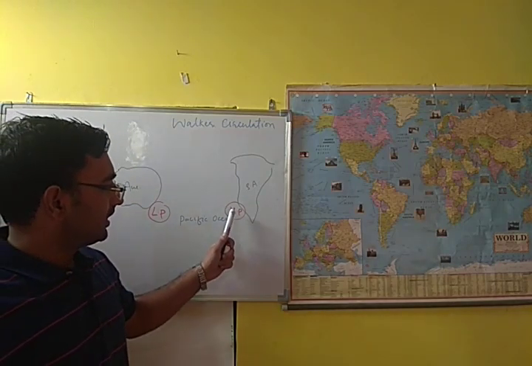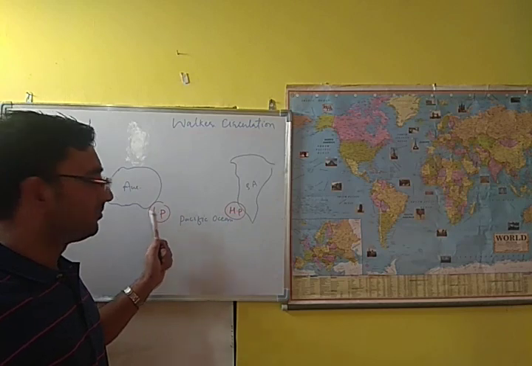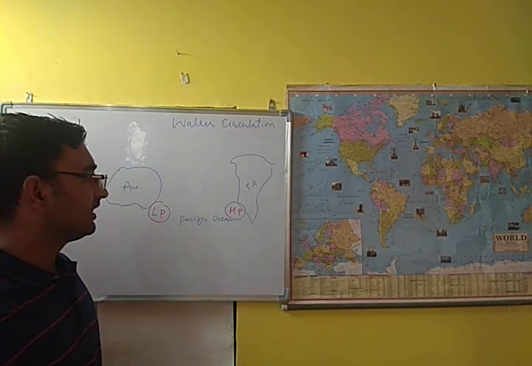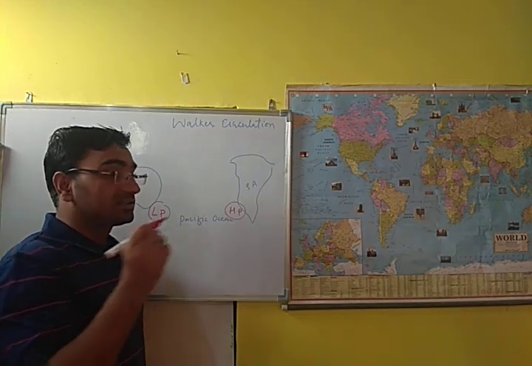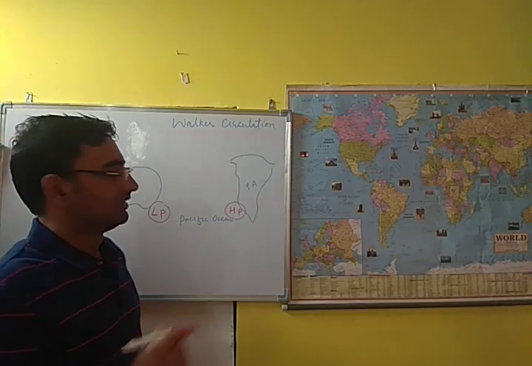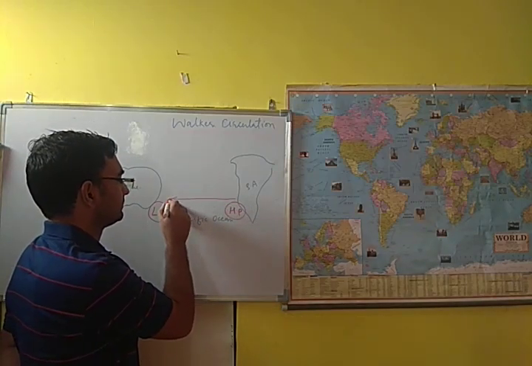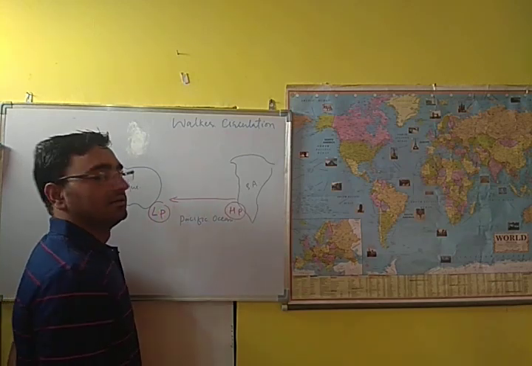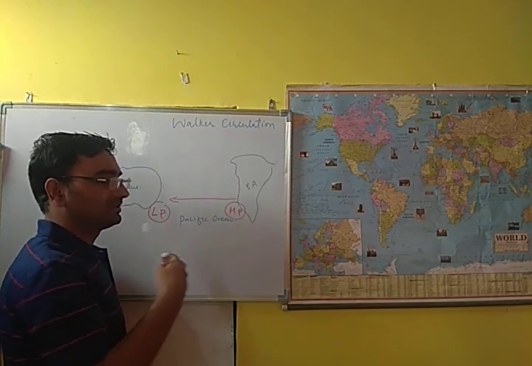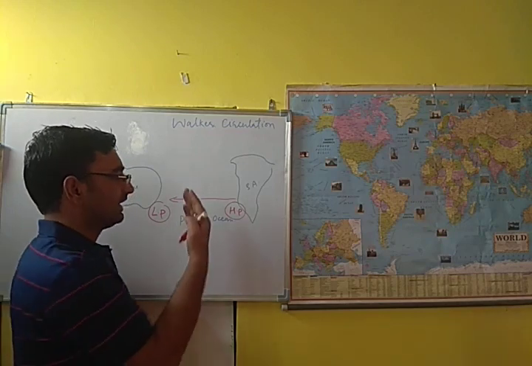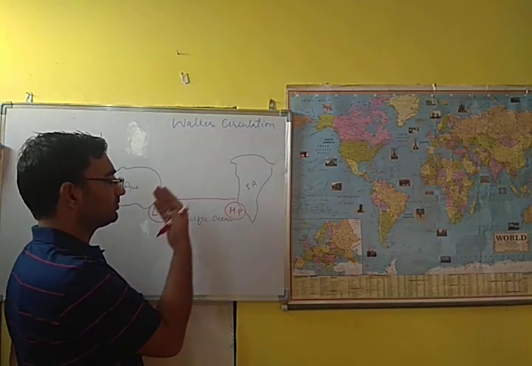So when we have a high pressure here and a low pressure here, what will happen? The surface winds will move from east to west. This is the direction of the winds, from the high pressure to the low pressure.